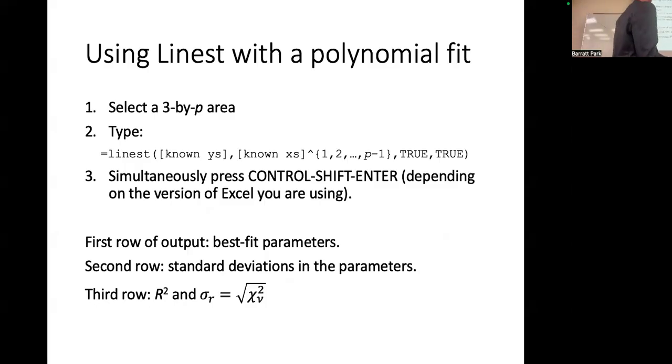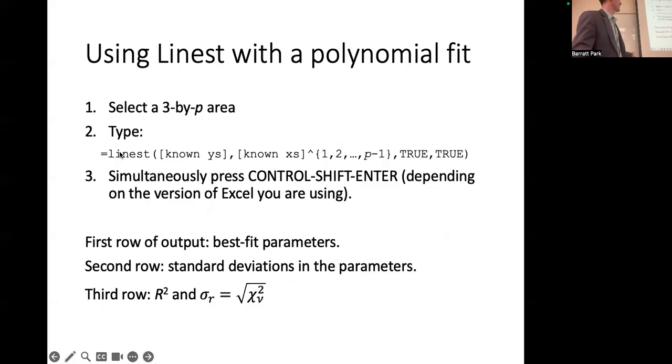Okay, so last time we talked about linear fitting, and we used this function LINEST to get the standard deviations in the parameters, which we then use to calculate the 95% confidence intervals. You can also use LINEST with a polynomial fit. You just have to add information about which polynomial terms you want to include.